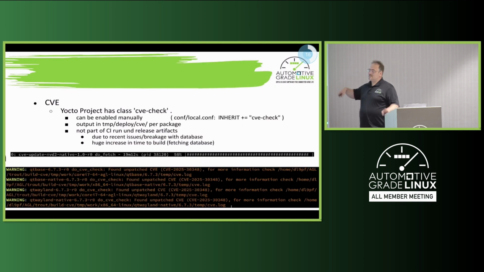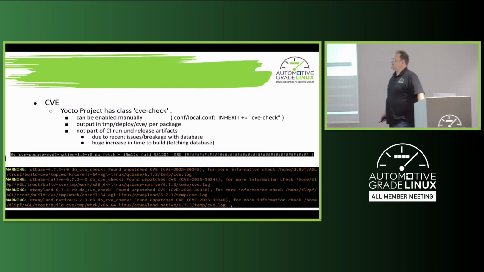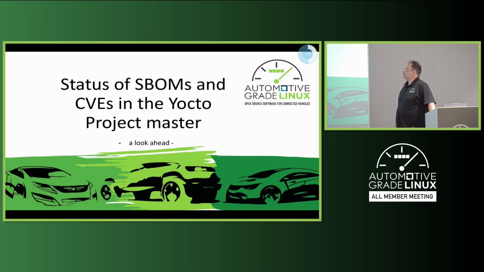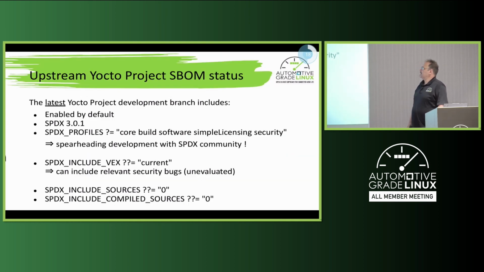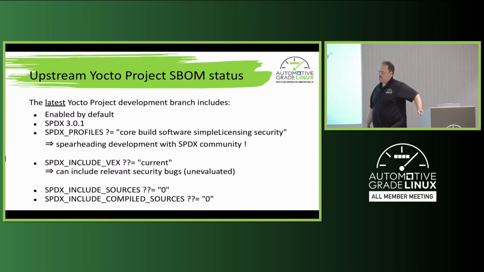Okay, so that was the look at what is in the current Trout release, and now let's take a look ahead at what is in front of us. If we look at the upstream Yocto project now, the latest development branch, SBOM is no longer an option.